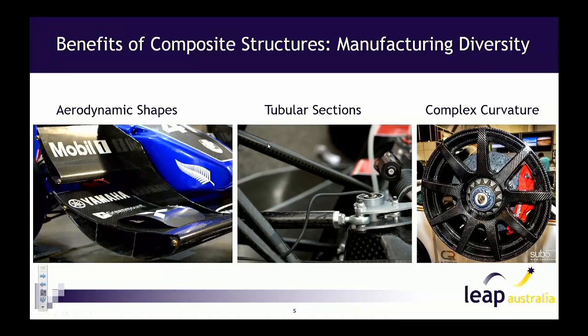Obviously you can wind them and knit them into tubular sections, so things like your suspension linkages can very easily be replaced by composites. And then finally, some crazy complex curved structures can be manufactured out of composites, because it's a very incremental type of manufacturing, so you can build them up into these complicated shapes.